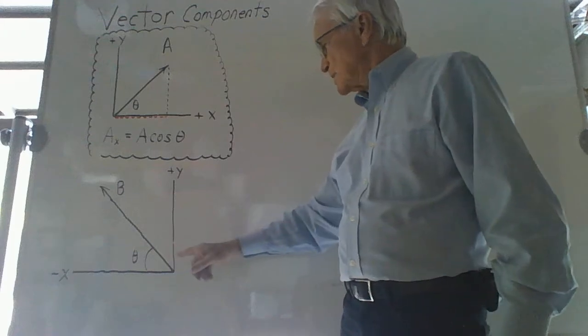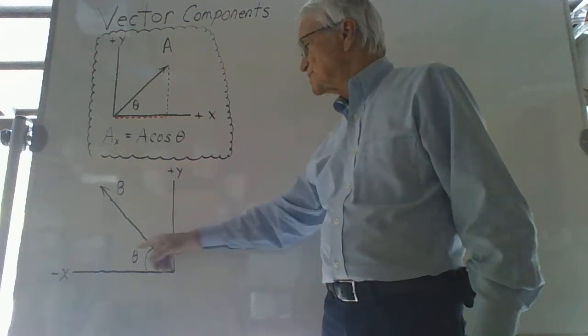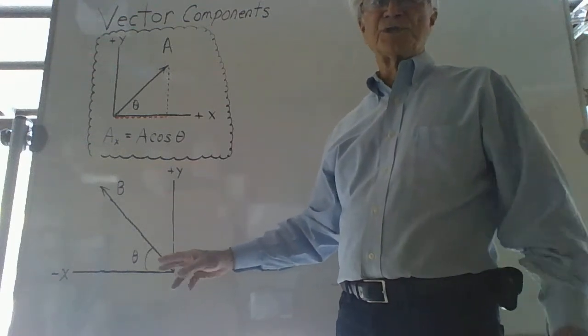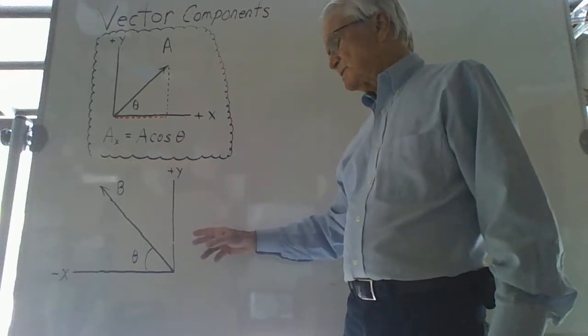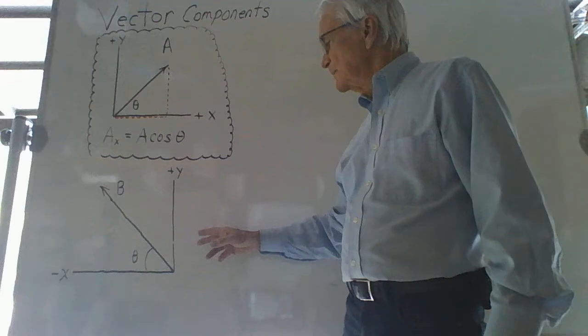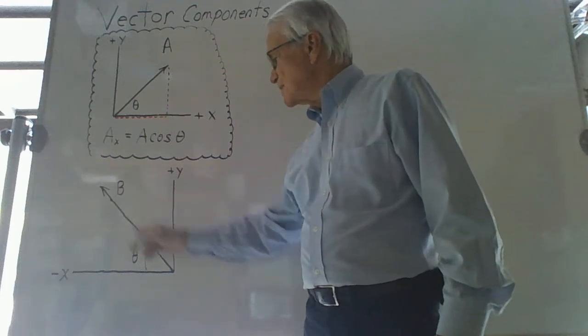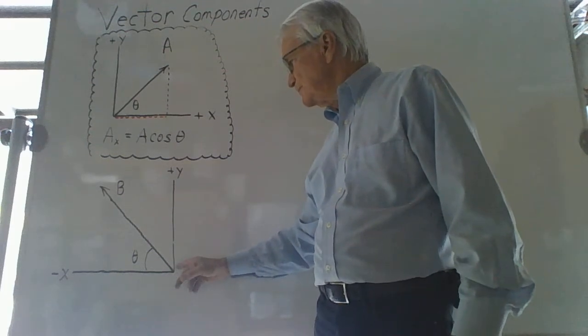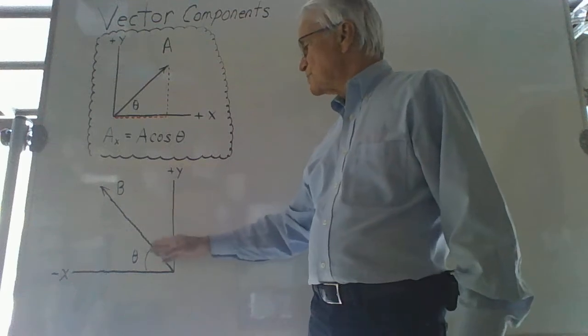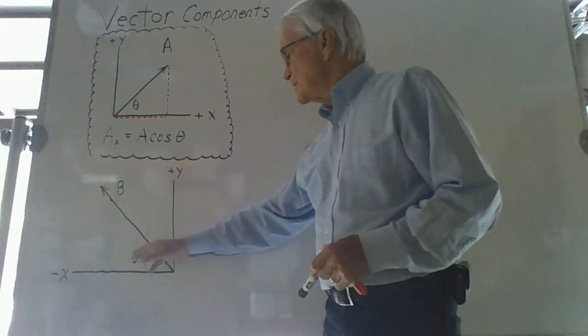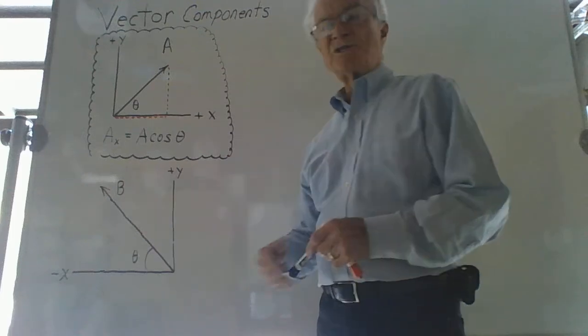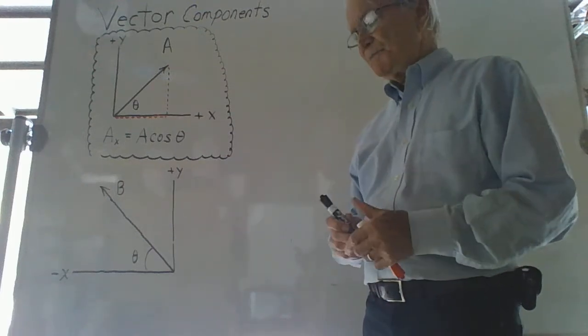I show once again an xy coordinate system, but just the second quadrant. It's the only portion of the xy coordinate axes that are relevant to us. The tail of the B vector is attached to the origin. And I've already described the theta and the value of B as being the angle of orientation and the magnitude or length of the vector.